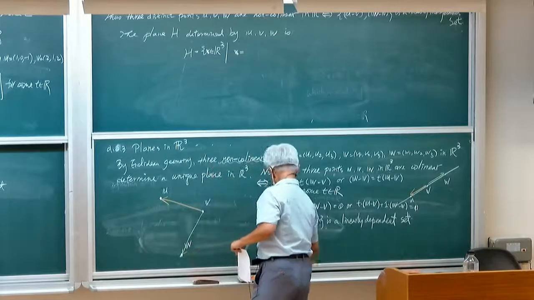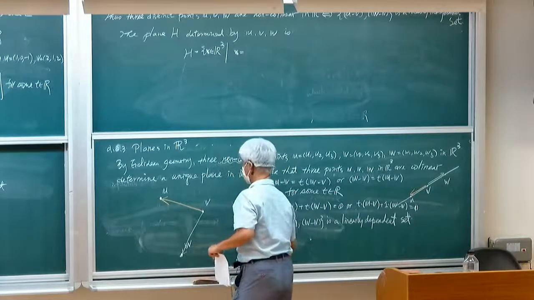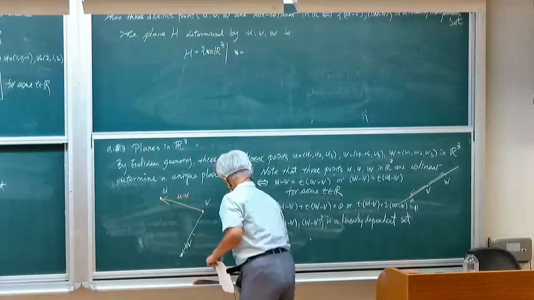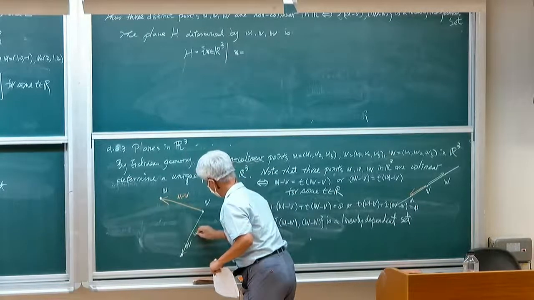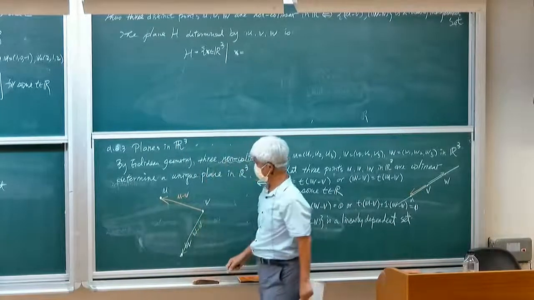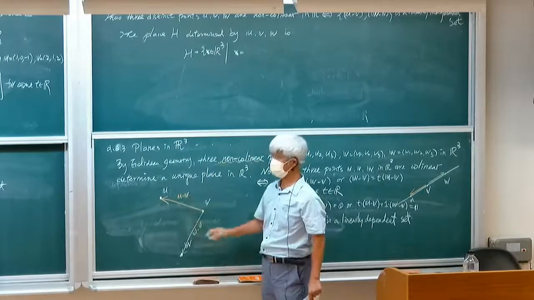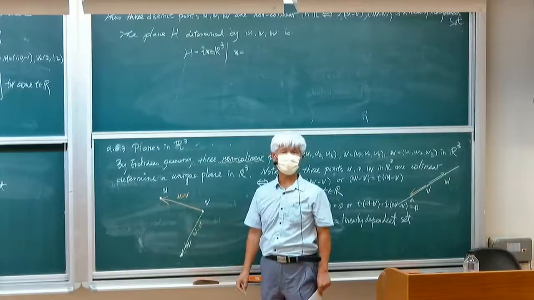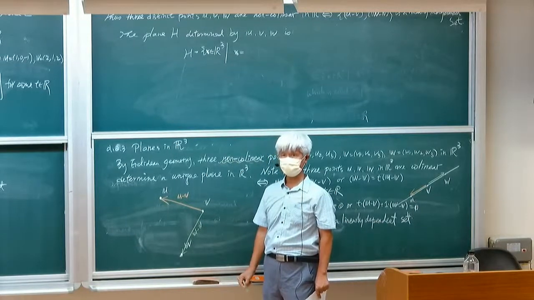This is U minus V, and this is W minus V. And because these three points are non-collinear, these two vectors form a linearly independent set.